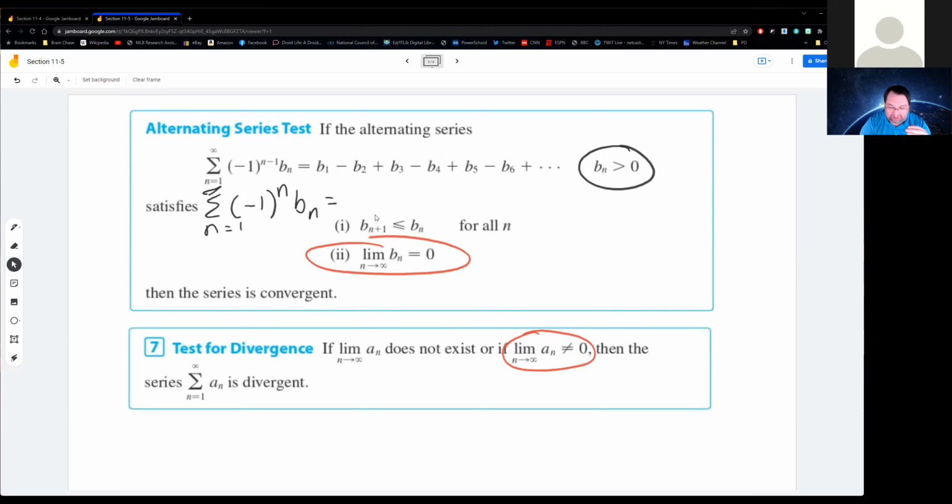In this situation, what we just did, it failed criteria 2. That's why we were able to go to the test for divergence. If it failed criteria 1 but passed criteria 2, then it wouldn't tell me anything about divergence.